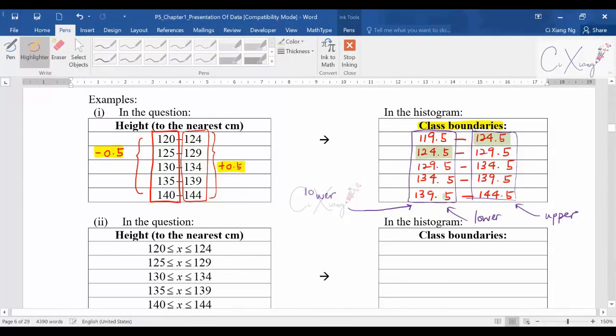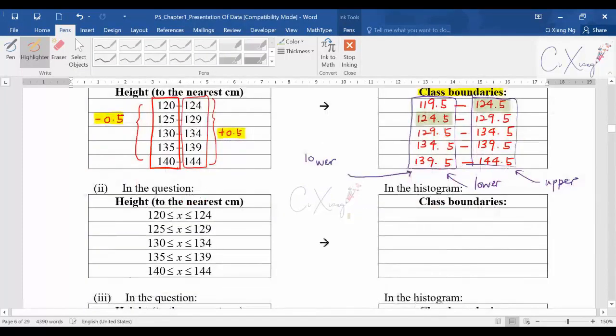Hopefully you understand the concept here. Then let's have a look at the next part, part number 2. If in the question they provide you this, again, the first one is 120 to 124. The next value is 125 to 129.